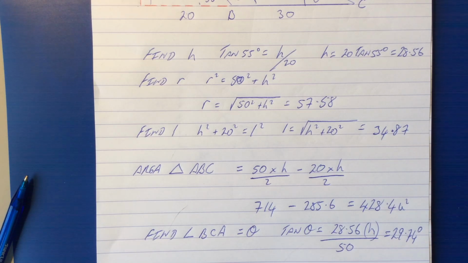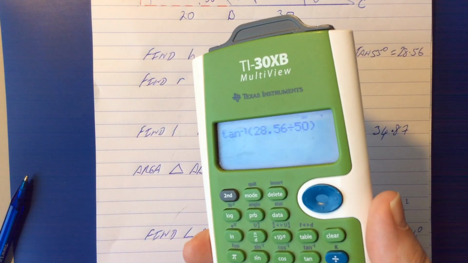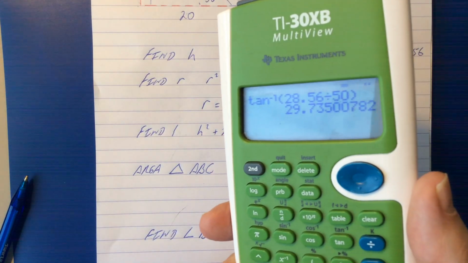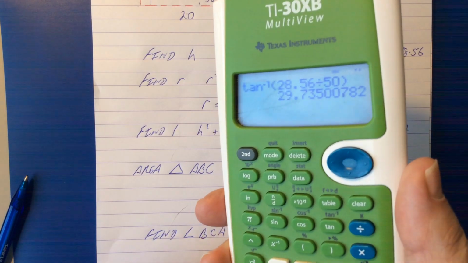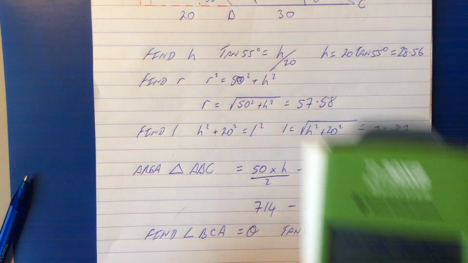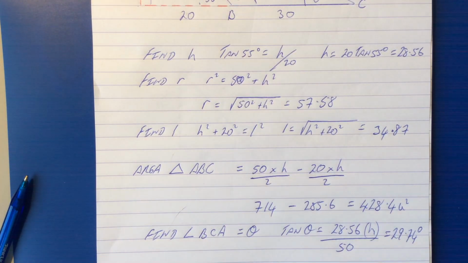This is a second function job. So you can see what I've entered there. And I'll push go. And that gives me my answer. Rounded to 2 decimal places, it's 29.74. Okay, and that is how this gets done.